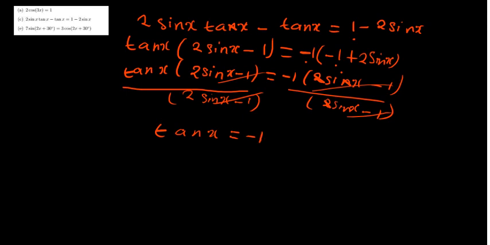Then you first find the included angle, which is tan theta. So tan theta equal to, and you consider it first as positive, then afterwards you take into consideration the quadrants.